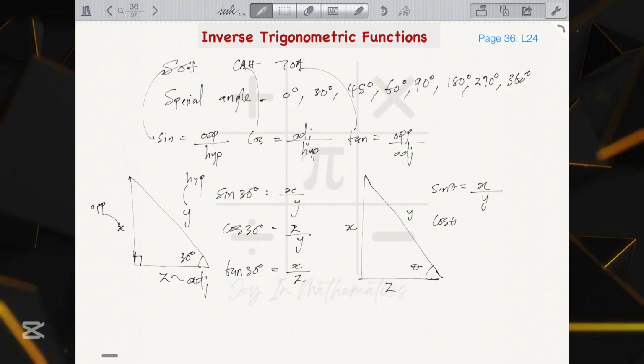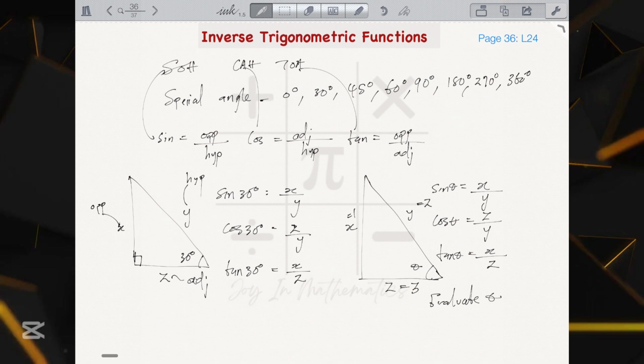Cos theta will be the adjacent z divided by the hypotenuse y, and tan theta will be the opposite x divided by the adjacent z. The question now is, we were given theta here to be equal to 30. Now we're asked to evaluate theta. Let's say x is equal to 1, y is equal to 2, z is equal to 3. The question now says evaluate theta.